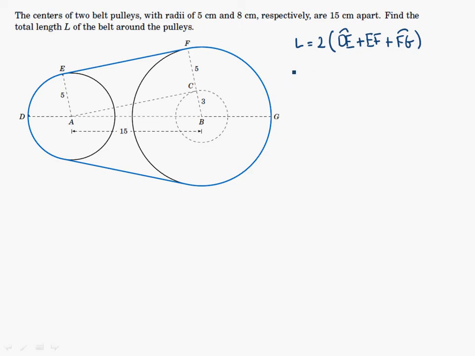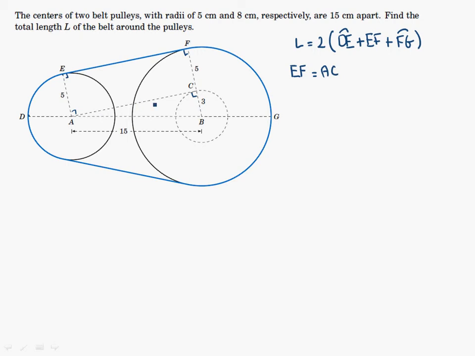I'm going to start with the easiest one, or what I think is the easiest one, and that would be EF. I can find EF fairly quickly because EF is the same length as AC, right? And AC is actually, if it's a right angle here, this is also a right angle. So we have a whole bunch of right angles here, and we force this one to be right.